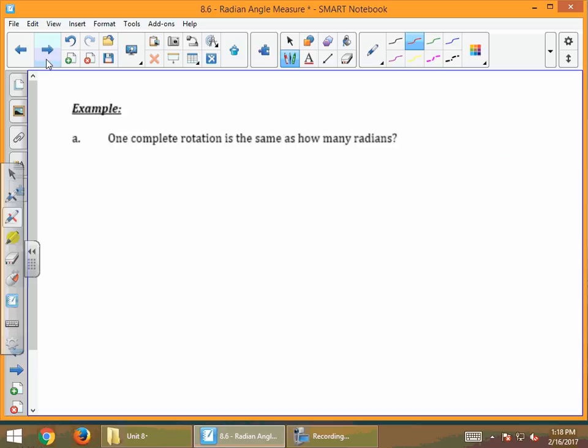Okay, so some examples. We want to know how many radians is one complete circle. Well, how many degrees is one complete circle? 360. So if we're going from degrees to radians, what do we multiply by? Right off your paper. What is it? Pi over 180.